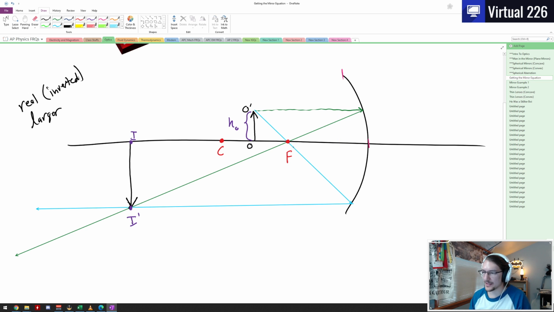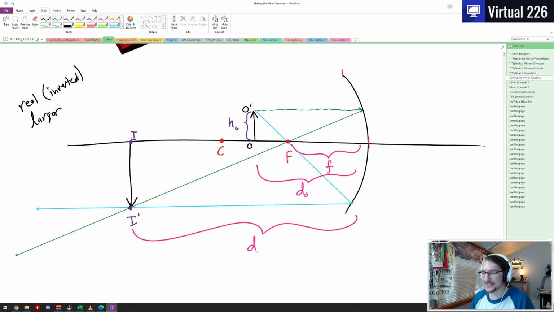So this focal length is some distance between the mirror and the focal point. This right here is an object distance, which, depending on what book you're using or what teacher you have, might be a P or an S naught. We're going to call it DO for the distance of the object. And that means all the way out here to the mirror, this is the distance to the image.